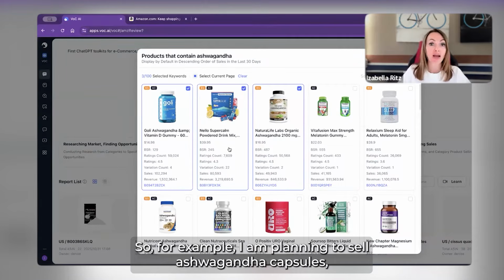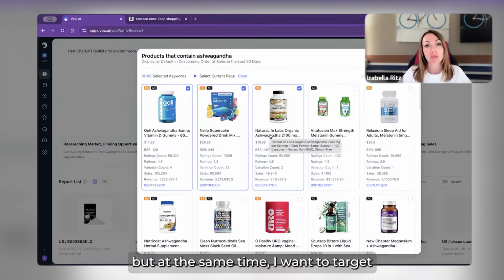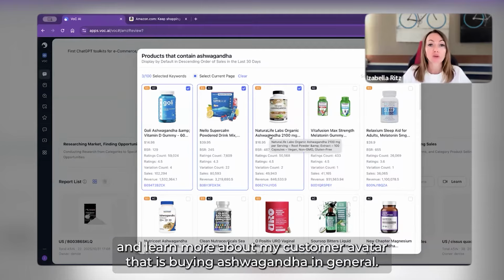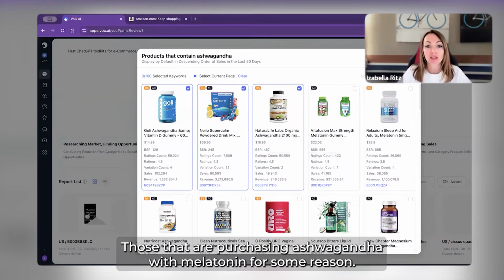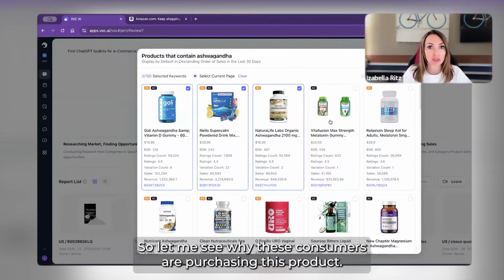For example, I am planning to sell ashwagandha capsules, but at the same time I want to learn more about my customer avatar that is buying ashwagandha in general, not just capsules, including those purchasing ashwagandha with melatonin. Let me see why these consumers are purchasing this product.